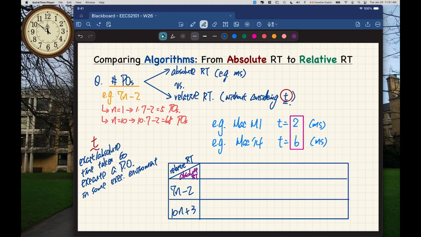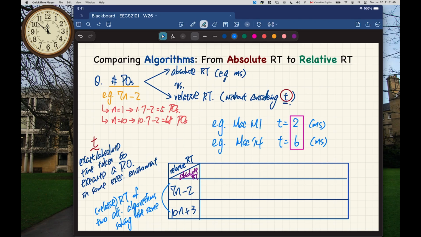These two over here are simply the running times. These are the relative running times of two alternative algorithms solving the same problem.